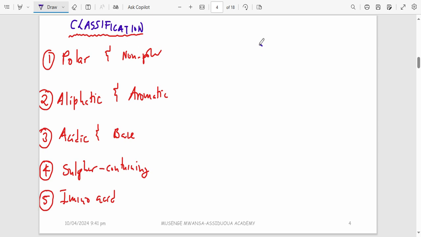When you look at a bond between a carbon and hydrogen, is this bond polar or non-polar? From what you think? Okay, it's actually going to be the opposite. Every time carbon is bonded to hydrogen, those bonds are non-polar.